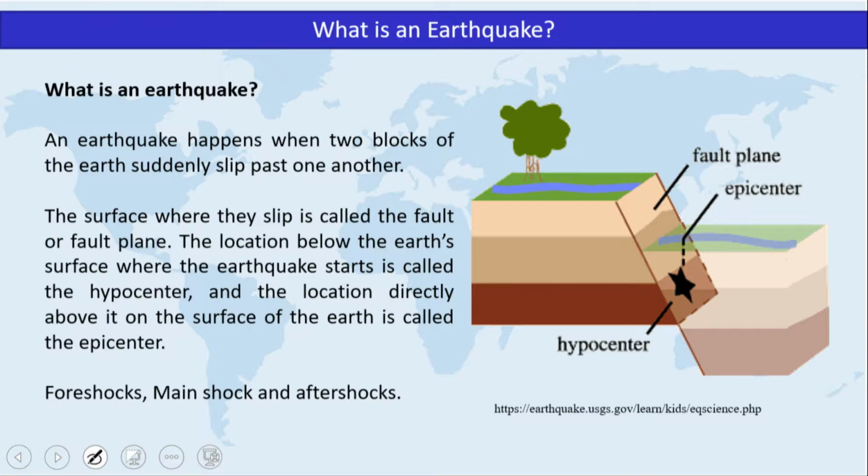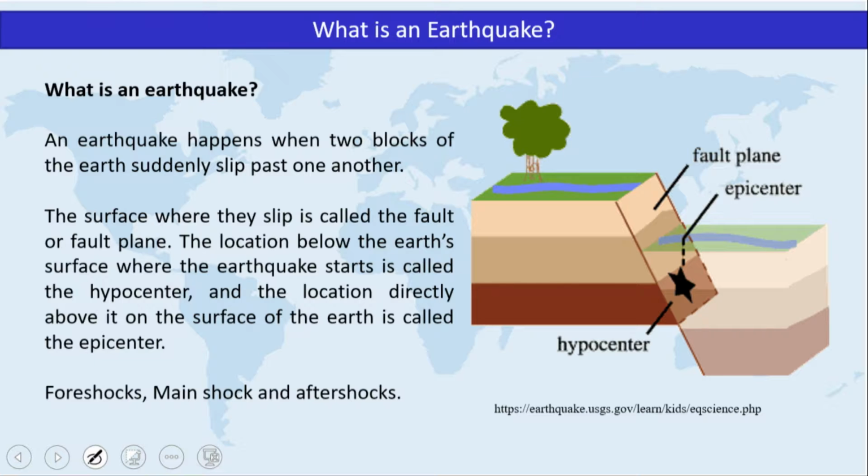So, when an earthquake happens, the two blocks from both the plates, one of them moves up or down. When an earthquake occurs, the block which slides against the other slides on a plane. That plane is called the fault plane.